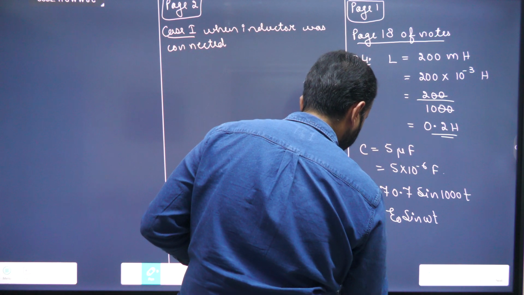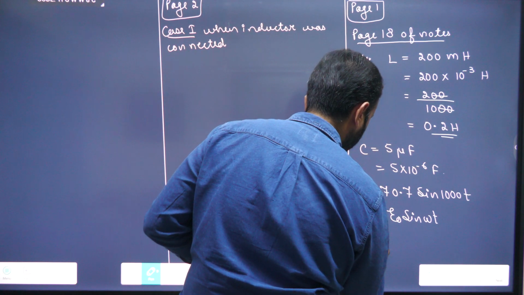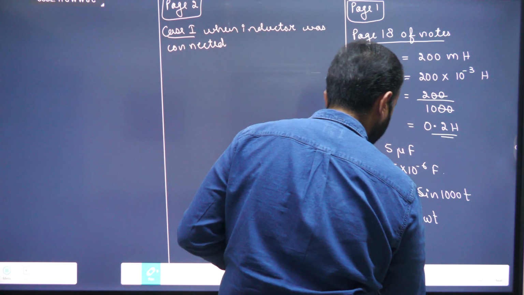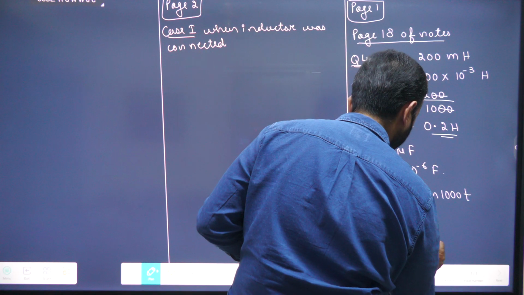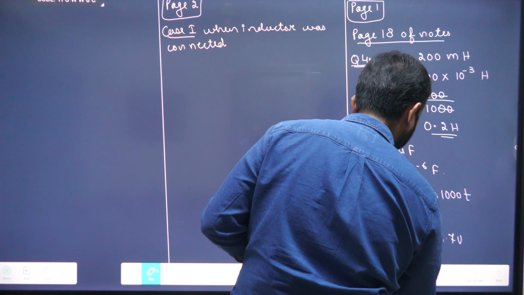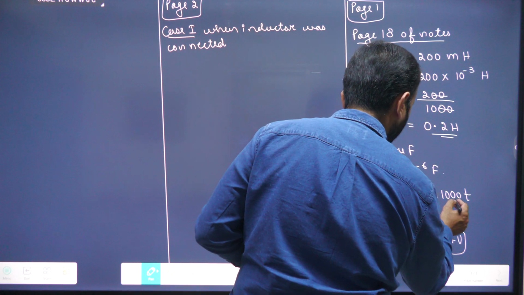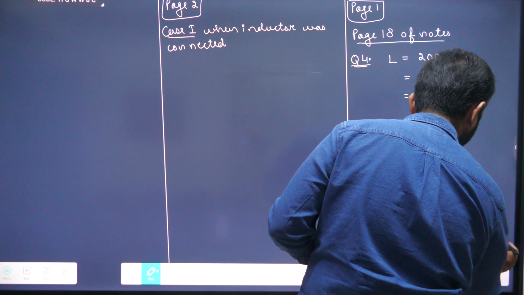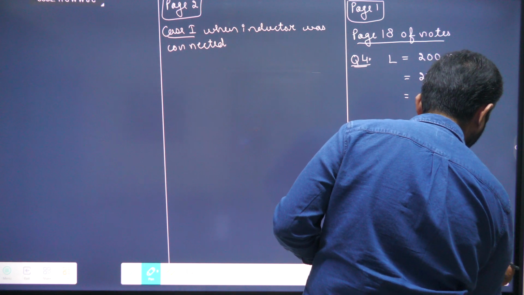It implies that if we compare it, E is equal to V, E naught is equal to 70.7 volts, and omega is equal to 1000 radian per second.